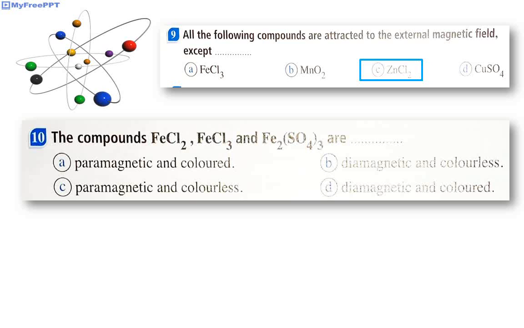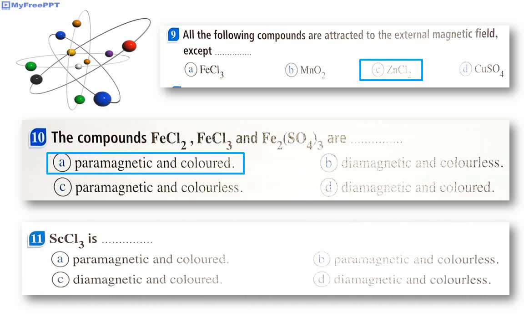So here we have different forms of iron, sometimes iron 2 or iron 3. Which of these compounds are paramagnetic and colored? All of them have color. It means that they have unpaired electrons in the d orbitals.